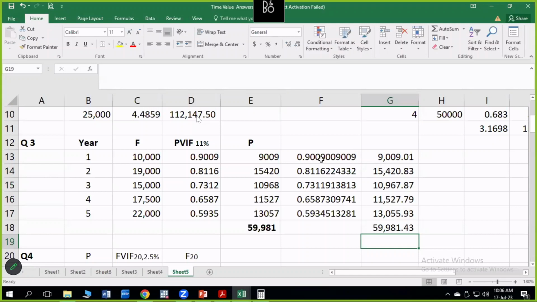If you use the full figures as you obtain from the calculator, with infinite digits, and multiply all these cash flows, you can have the total value 59,980.43. If you round up, it comes like that.